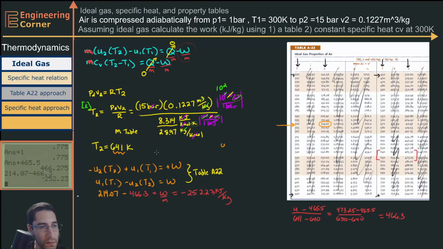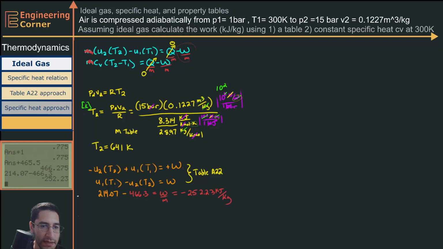Okay, so now let's look at the constant specific heat approach. With the constant specific heat, we're going to get rid of this table, and instead, we're going to start by looking at the equation we have here. So CV of T2 minus T1 is equal to minus W over m. Okay, let's rewrite that.